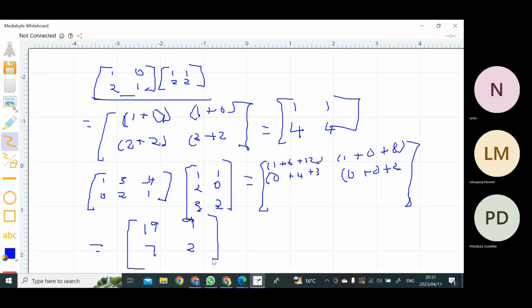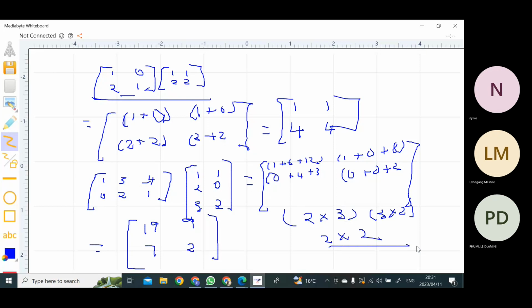So the answer becomes like that. You can see that when you're working with a matrix of 2 by 3 and you are multiplying it with a matrix of 3 by 2, the final answer you get is a matrix of 2 by 2.